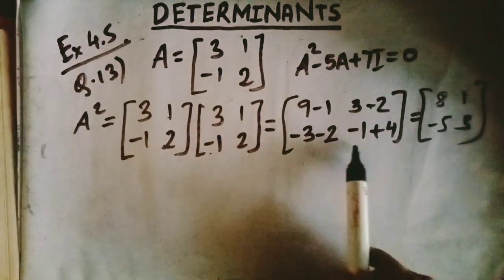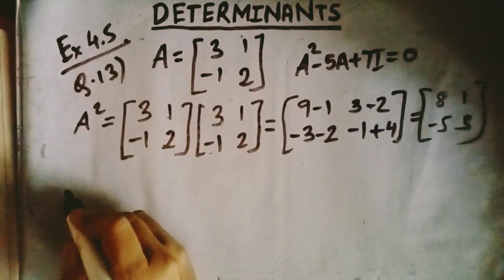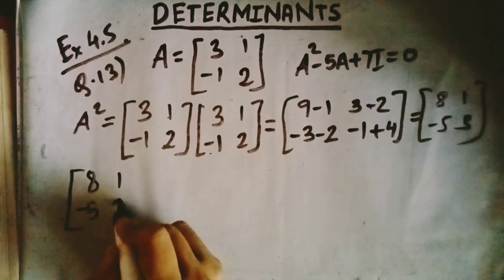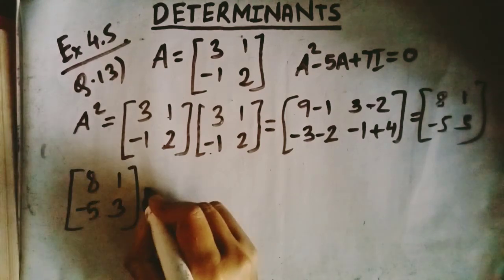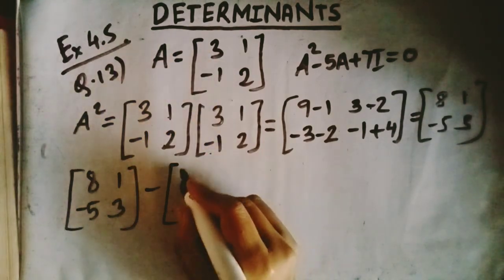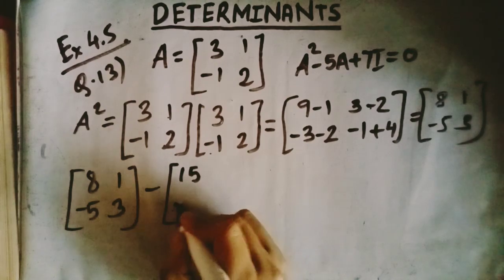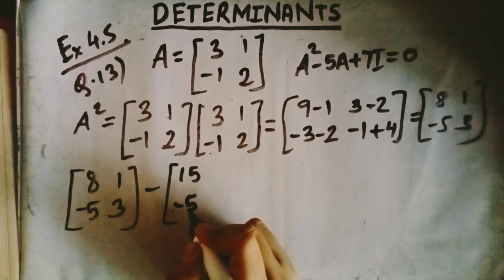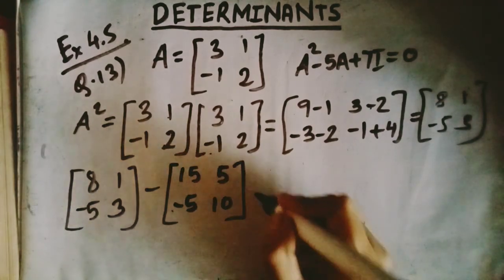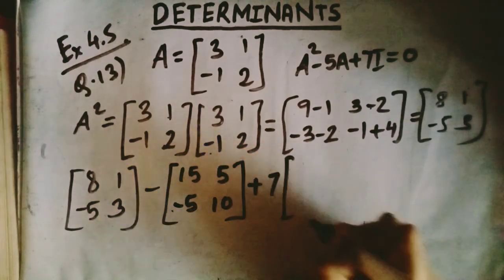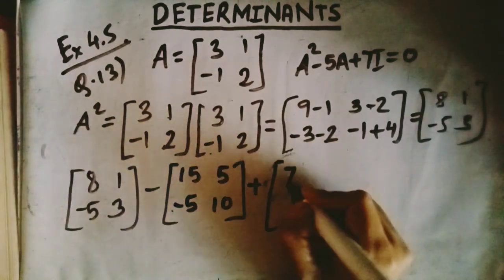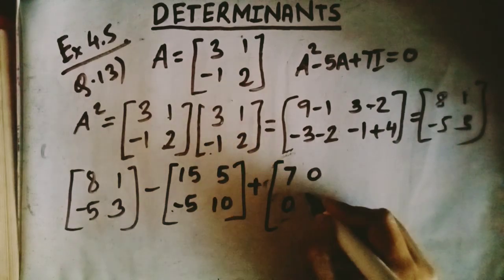Now substitute this in the equation which is given. So A square minus 5 into A. I'll multiply 5 inside A: 15, minus 5, 5, 10, plus 7 into I. So 7, 0, 0, 7.